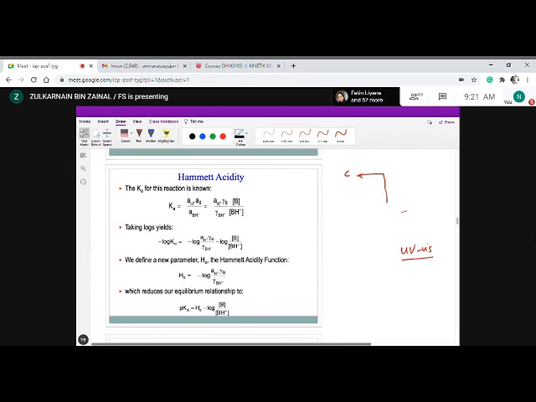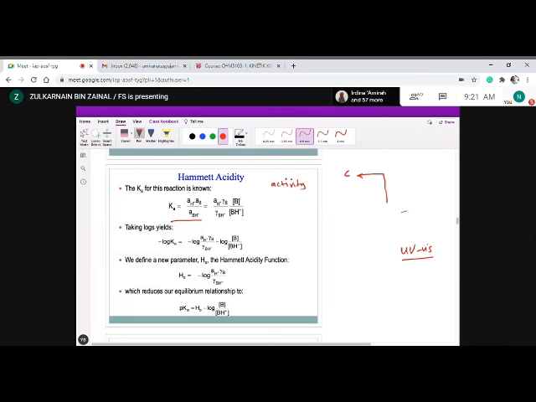Okay, back to the Hammett acidity constant. Right, so the Ka for this reaction is known as this, okay. I'm not sure whether you know about activity. I think you have already learned activity from your CHM 3101.